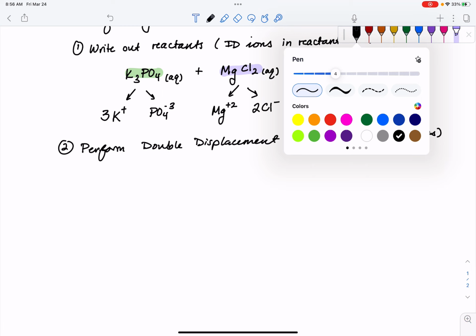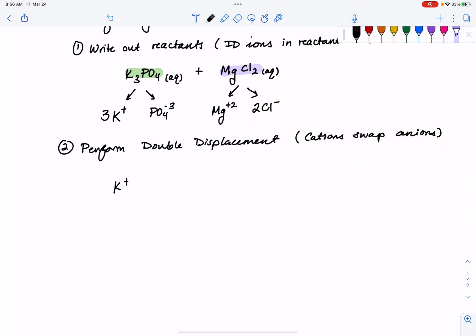So I know that I have potassium cations in solution and phosphate anions in solution from potassium phosphate. I've also got my magnesium ions and my chloride ions in solution from my magnesium chloride.